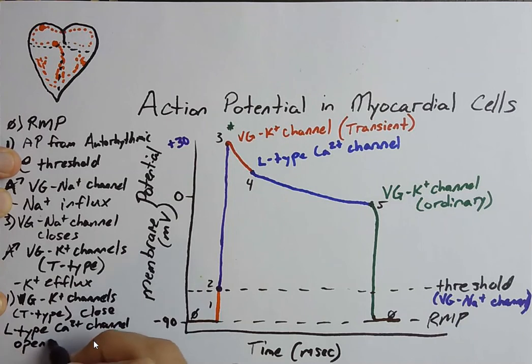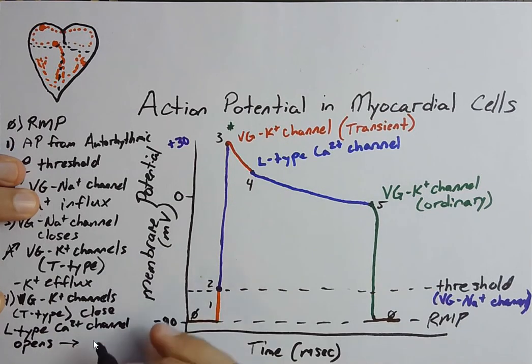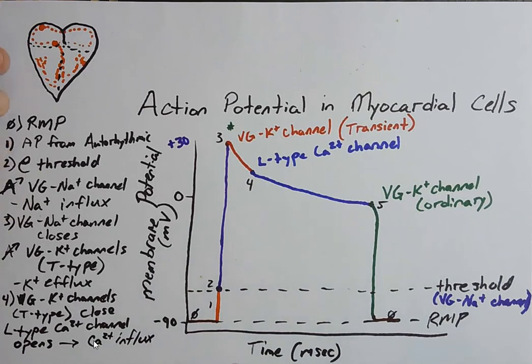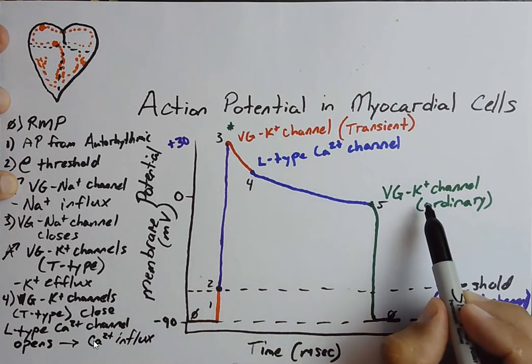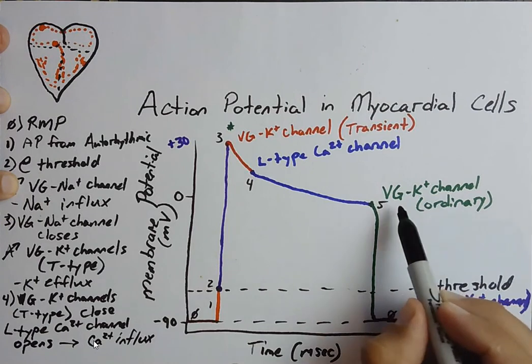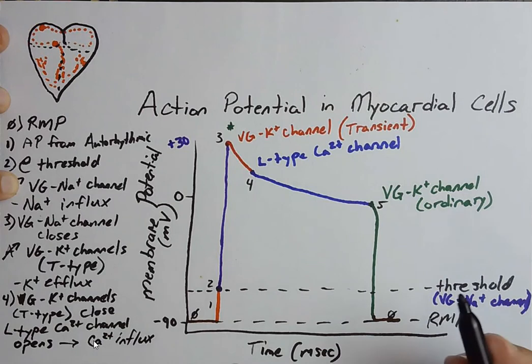And when that L-type calcium channel opens, what gets to happen? Calcium influx. I don't need to write this in here, but at the same time that calcium influx is happening, potassium efflux is also happening through these ordinary voltage-gated potassium channels. They're just not fully open yet.